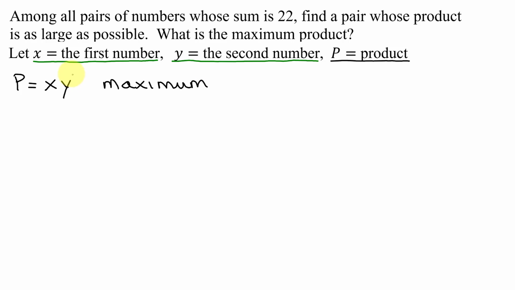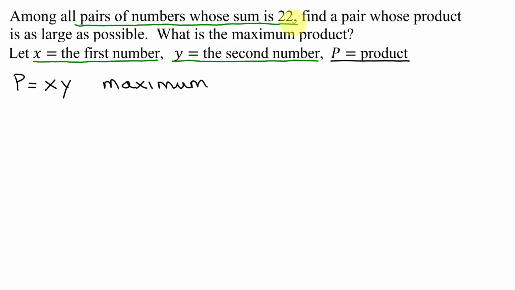The problem is I have two variables on the right-hand side of this equation. I just want one. But I'm going to use this piece of information about the sum to reduce the number of variables on the right-hand side.